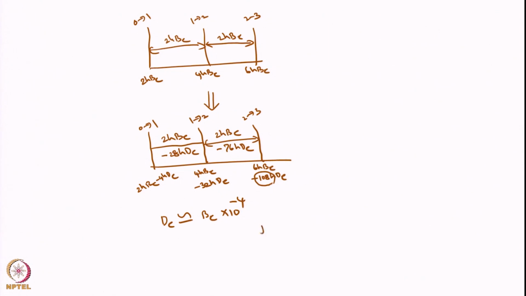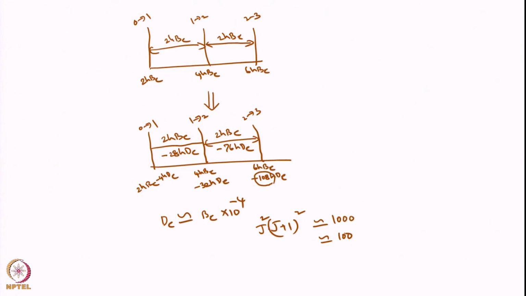That means J into (J+1) squared should be of the order of 10,000, or let us say even 10% of it should be of the order of 100. Only then it will start affecting the rotational line spacing.